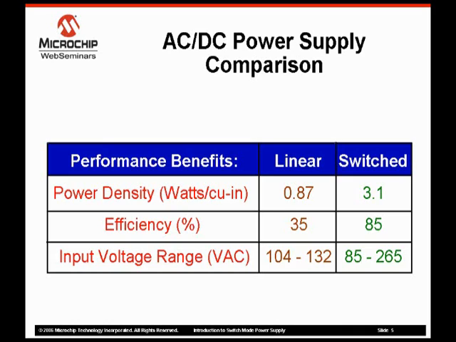The efficiency of new SMPS designs is moving into the 90% range. The efficiency for linear supplies has changed little over the past decades. Linear power supplies have difficulty supporting wide input voltage ranges. Typically, many transformer voltage steps are required along with a switching mechanism to enable the power supply to function in world markets.